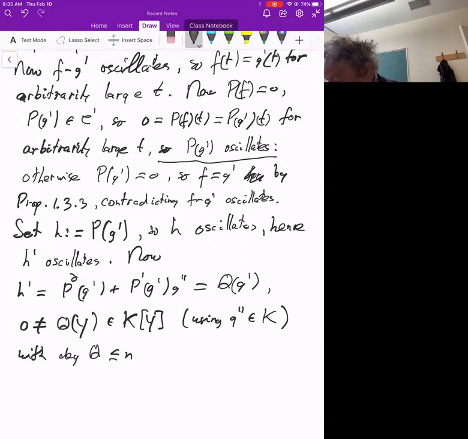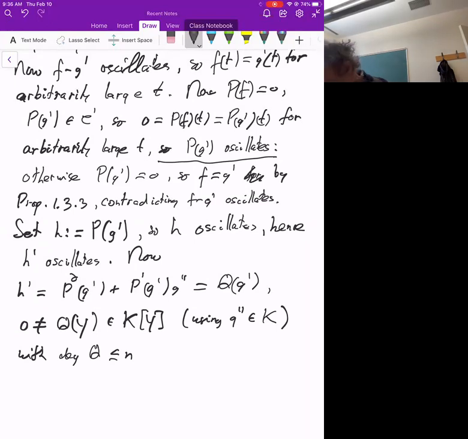But then because the pi primes are in K plus K G prime, degree can go up again. So you end up still with degree at most n, right?